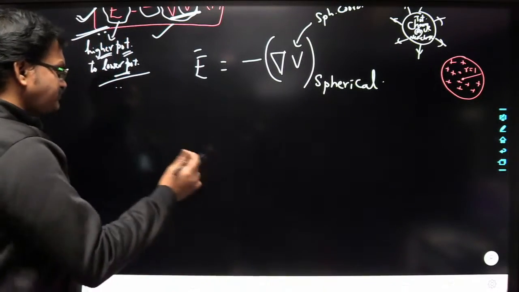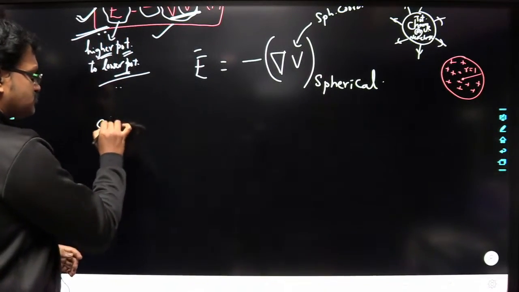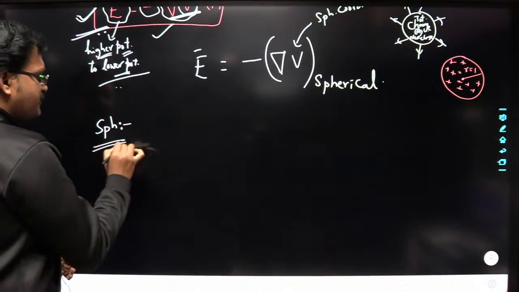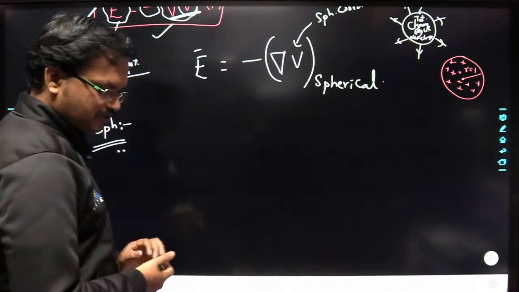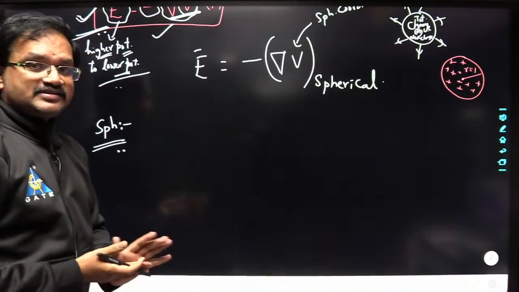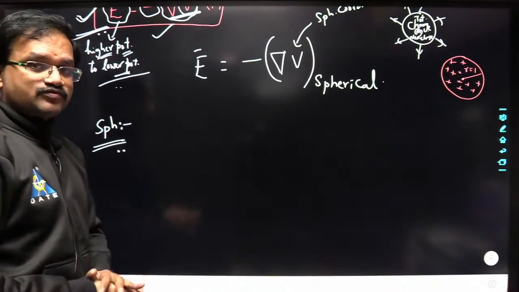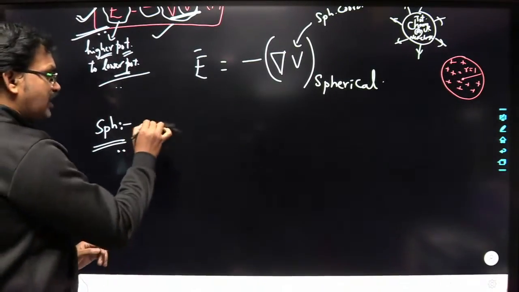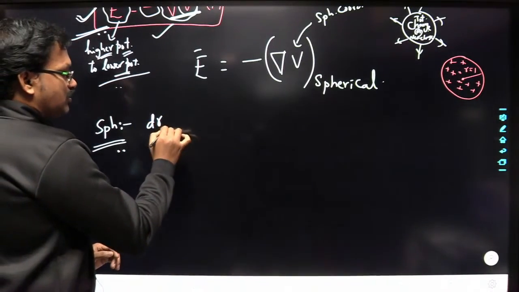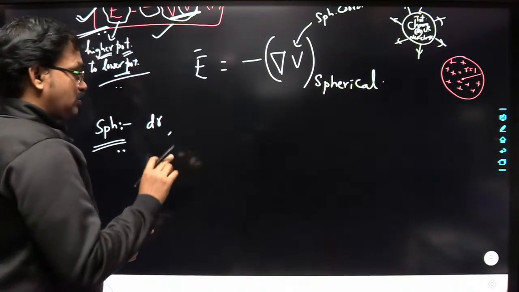Coming to spherical, what are the differential lengths we have?